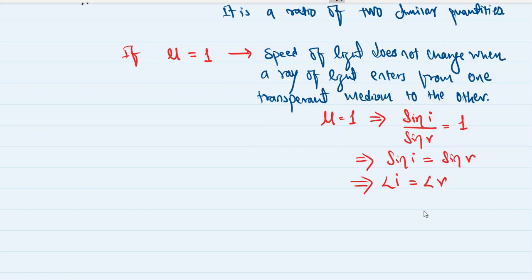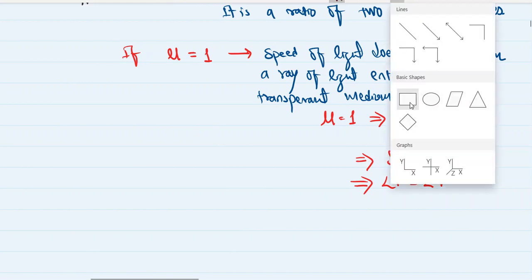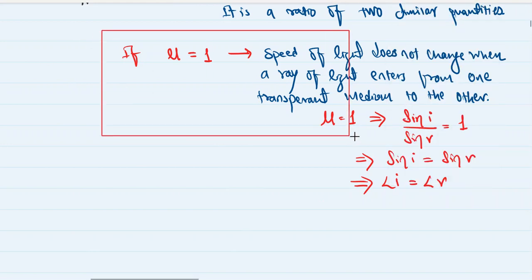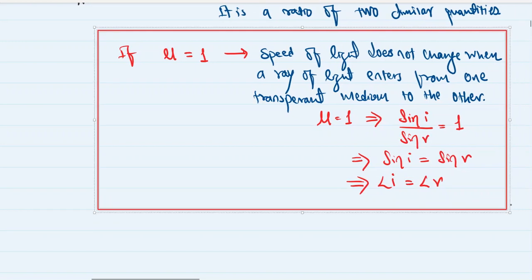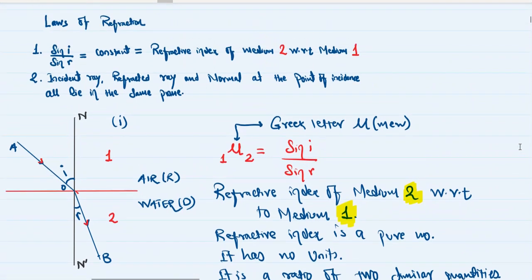And that can never be the case if refraction is taking place, because in refraction the ray of light should bend. If the angle of incidence is equal to the angle of refraction, then how is the ray of light bending? The ray of light is not bending. So you understand now.